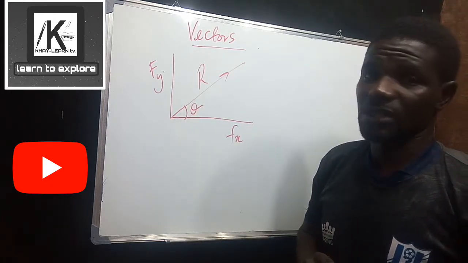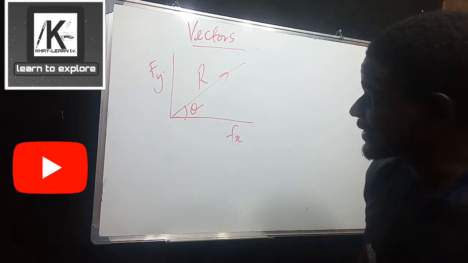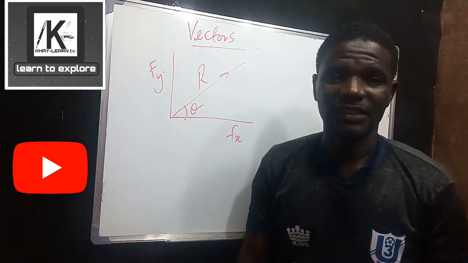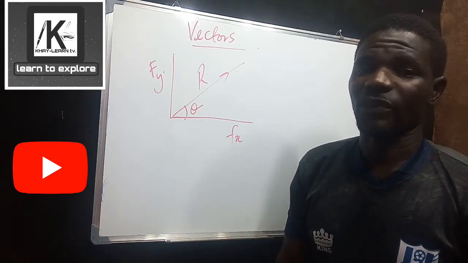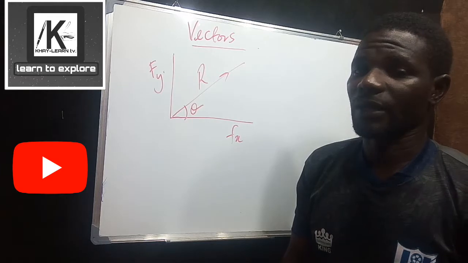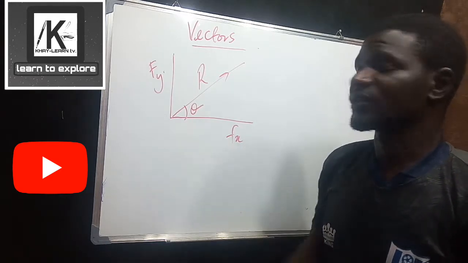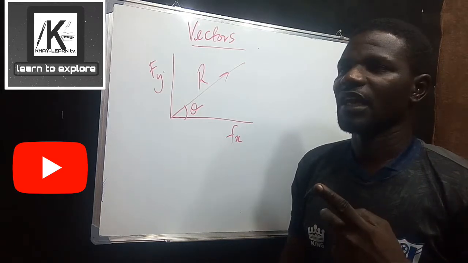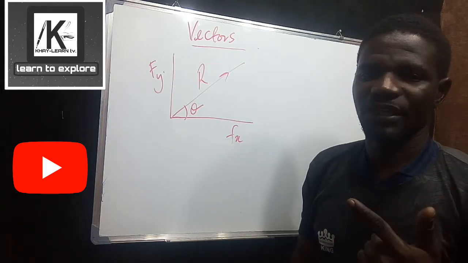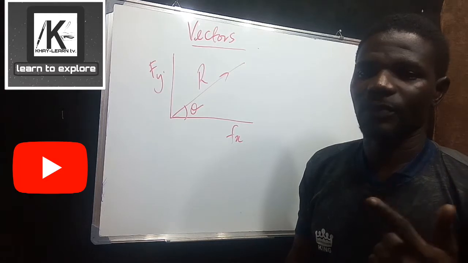That's what we discussed last. But in this case, we are given the resultant and are asked to find the components of the vectors that combine together to form the resultant R. There are only two components we normally have: number one is the vertical component, and number two is the horizontal component.